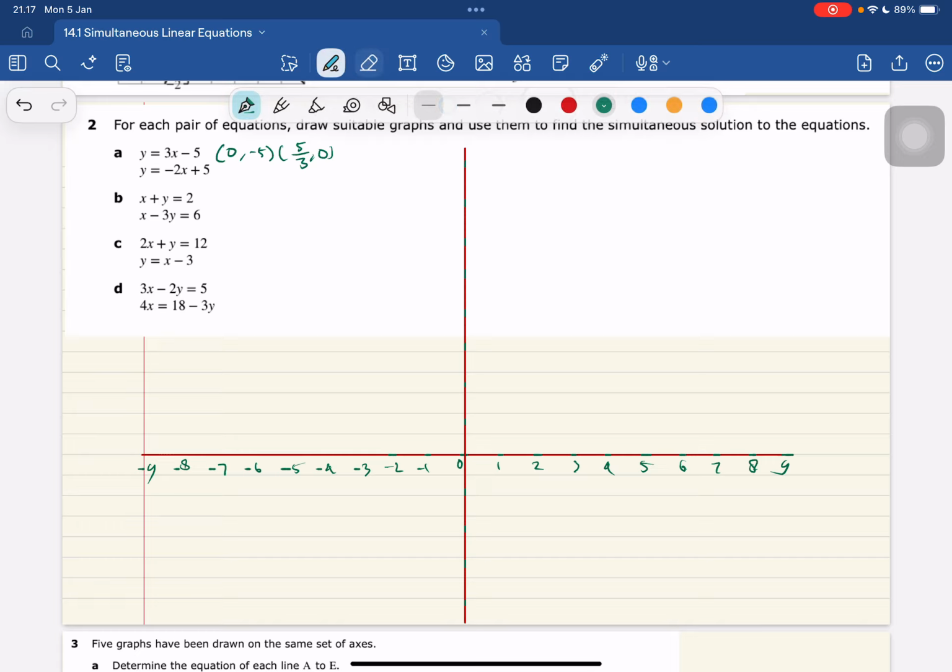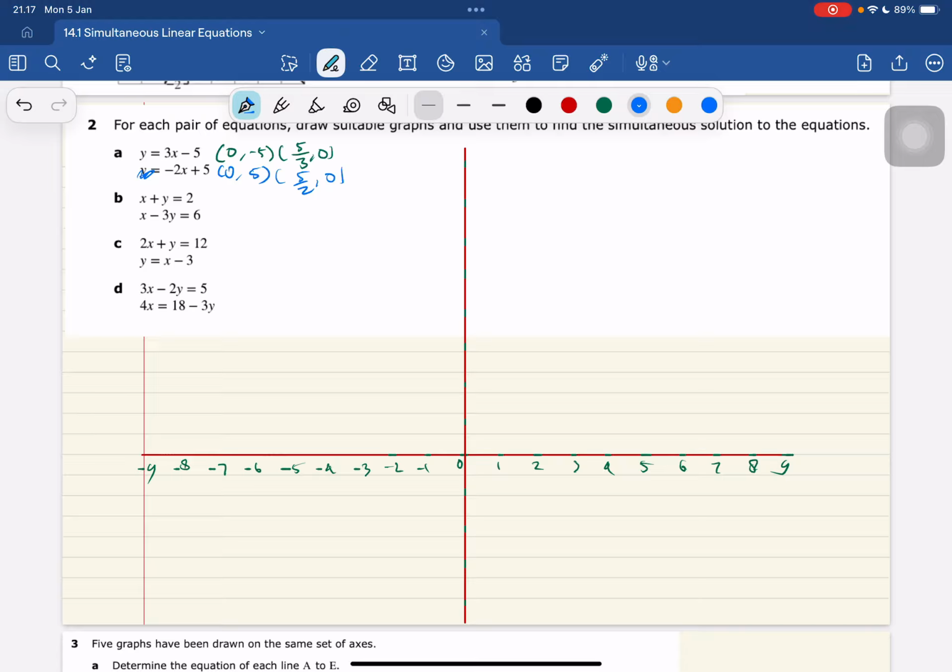So we got (0, -5). Next point. When x equal to 0, y equal to 5. And when y equal to 0, x equal to 5 over 2. That's the point.